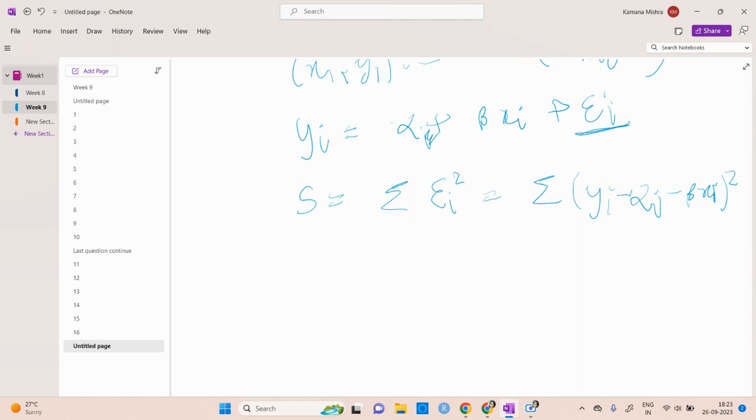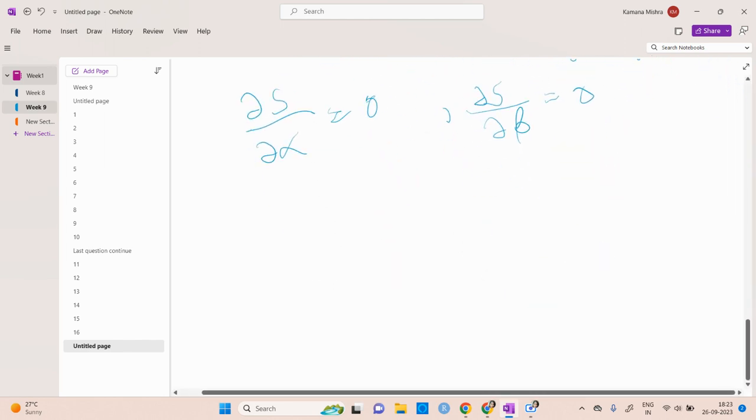Now to do the minimization, we set del S by del alpha equal to 0, and del S by del beta equal to 0, because alpha and beta are two connected parameters.